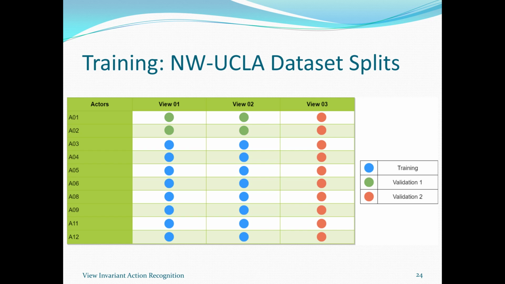So we have unseen actors here, unseen subjects, and the red ones are validation 2, which is unseen viewpoint, which also happens to include two unseen actors. The highest accuracy for this and the state of the art is 75% for this split particularly, but they also use this part for training.